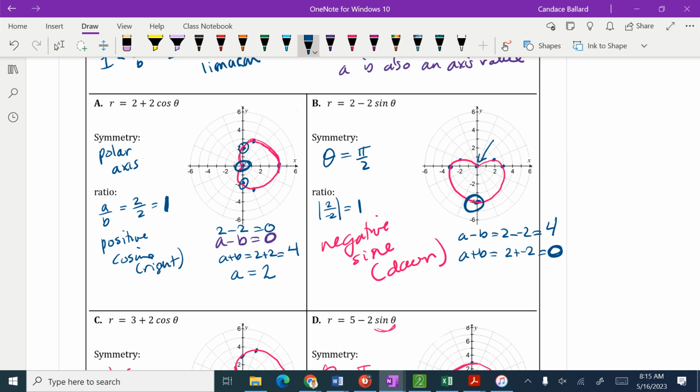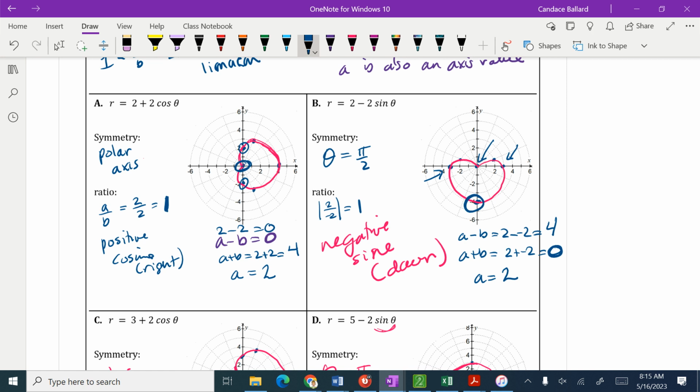And our A value was 2, and notice there were the 2's on the other axis. So right now it looks like A plus B and A minus B are the values on your symmetric axis, and the A value is on the one that doesn't have the line of symmetry on it. Let's see if that holds true.